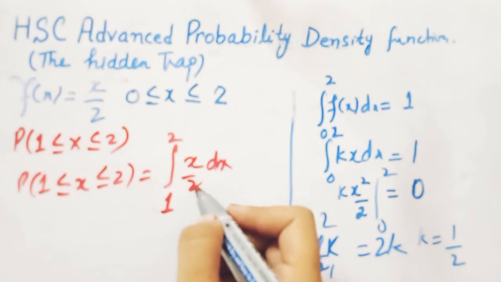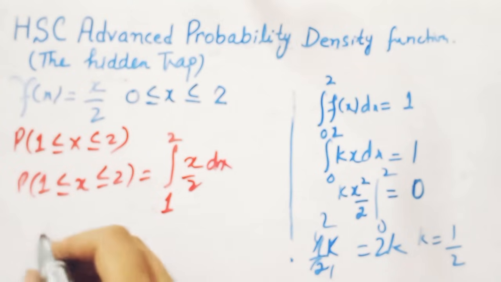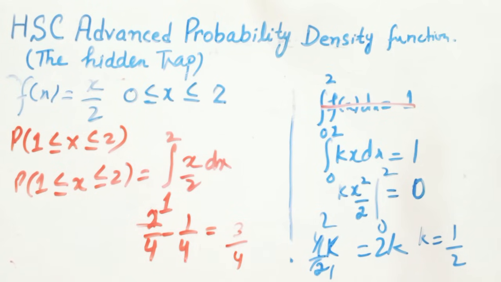This is 2 squared by 4. So what will happen to this? This will become 3 by 4. Therefore the probability is 3 by 4. So this will be the final answer.